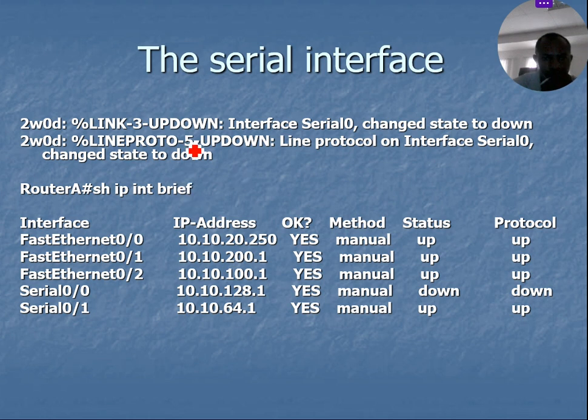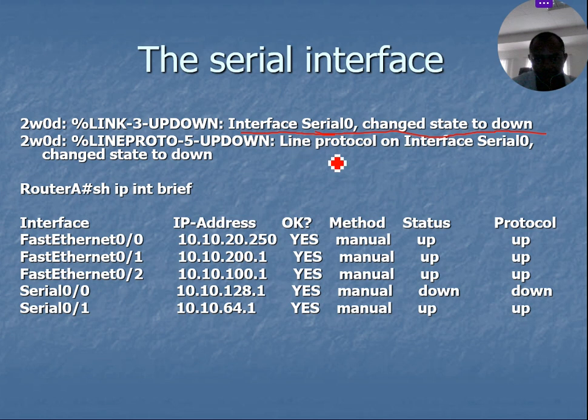So what this means is that this particular serial interface, serial 0/0, is down, while all the Ethernets are working. You remember they didn't mention the Ethernet. Here they mentioned serial 0. They're telling you the interface serial 0 has changed state to down.